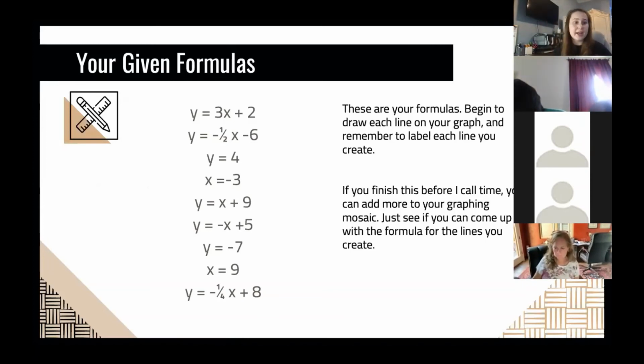And if you don't like these formulas, or you are stressed out, go ahead and just draw some random straight lines on this graph. That way you can participate in the last little bit. So I'm going to give you probably about 5 to 10 minutes to just finish doing some more lines.